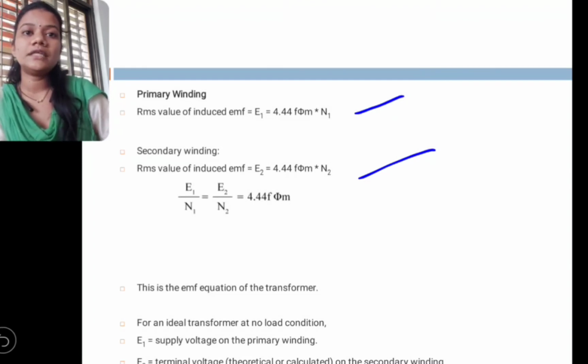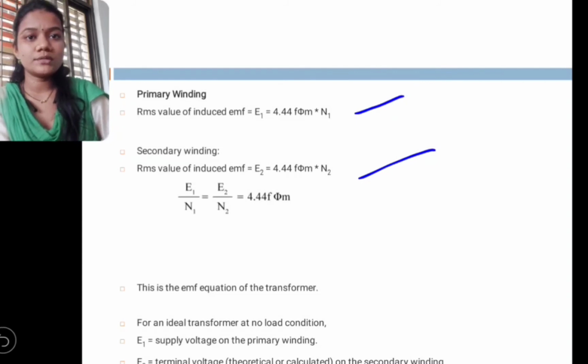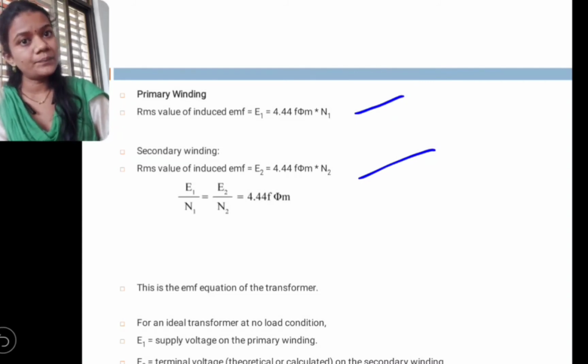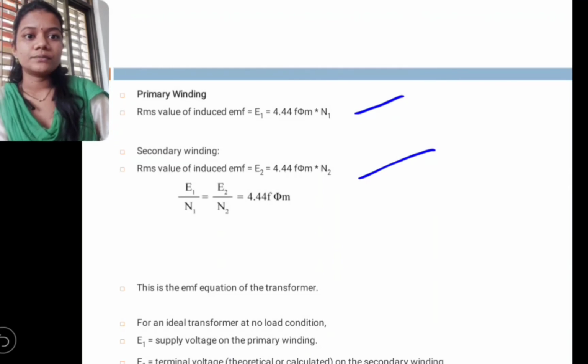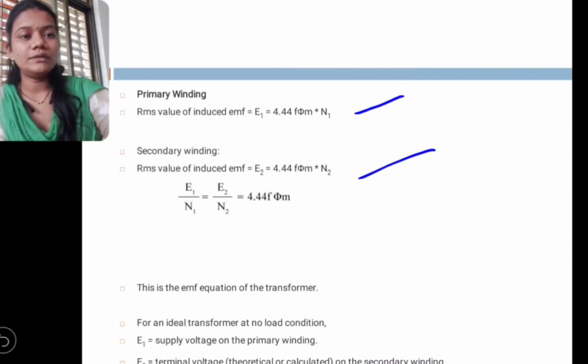So this is the EMF equation for the transformer. E1 upon N1 is the primary EMF upon primary turns, and E2 upon N2 is the secondary EMF upon secondary turns, with the value 4.44 into f phi m. E1 is the EMF, or supply voltage, or primary winding voltage.